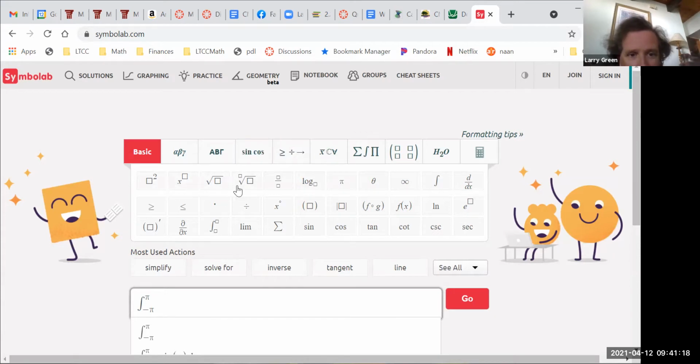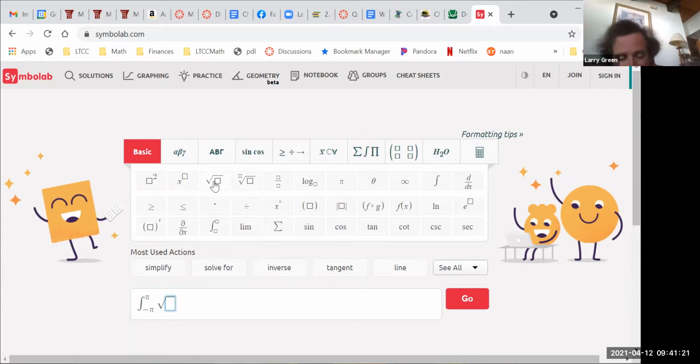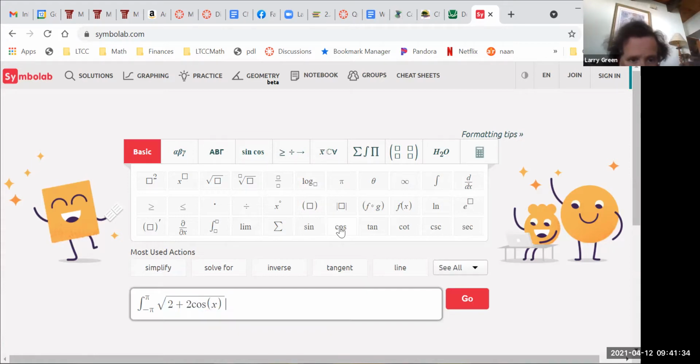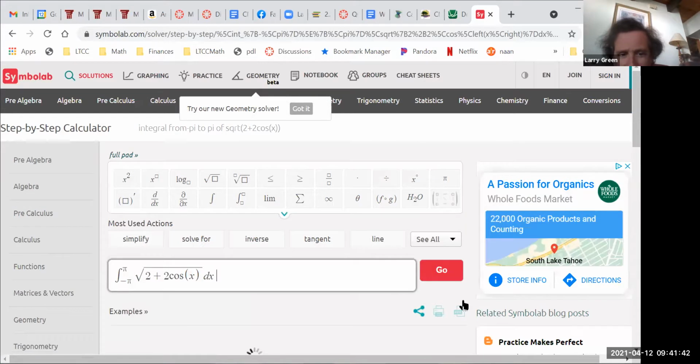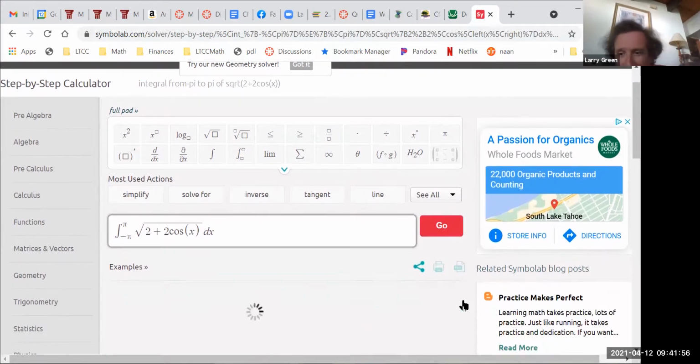And take the square root, and then we have 2 plus 2 cosine. Let's call it x because it's easier. Actually, I think I have to hit cosine of x, and then dx. See if it does it. It may give up. I think it's going to give up. Even Symbolab doesn't like it.